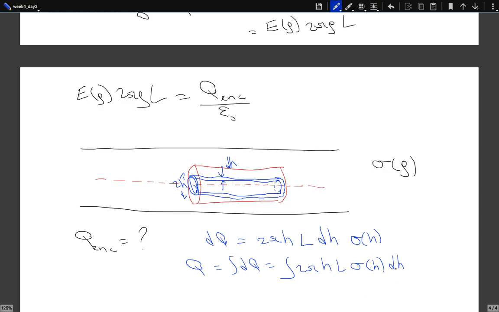The innermost ring, the first ring, has h equal to, remember, h is the radius. What is the radius of the first shell? 0. And the largest shell that makes my red circle is rho. So this is the charge enclosed by my ring.